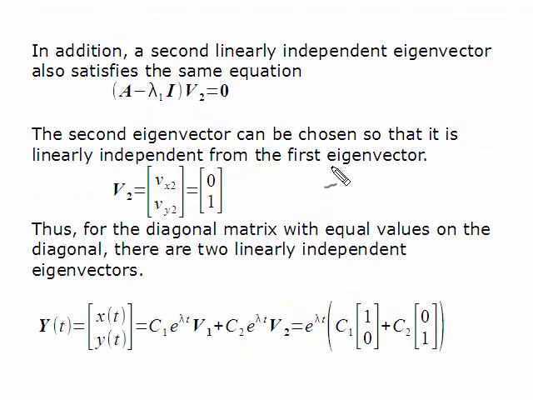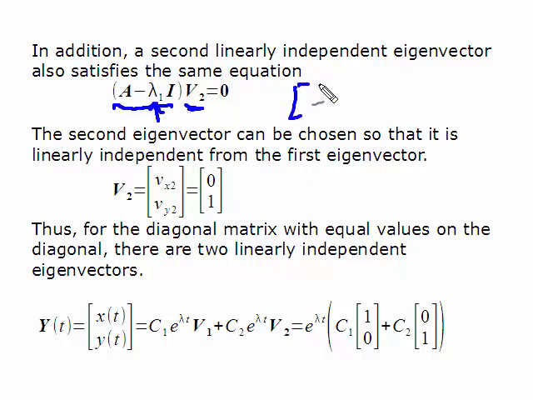Now we go back and repeat the process. So A minus lambda 1, because we only have one eigenvalue, and now we're looking for components of v2, and of course we can find them.